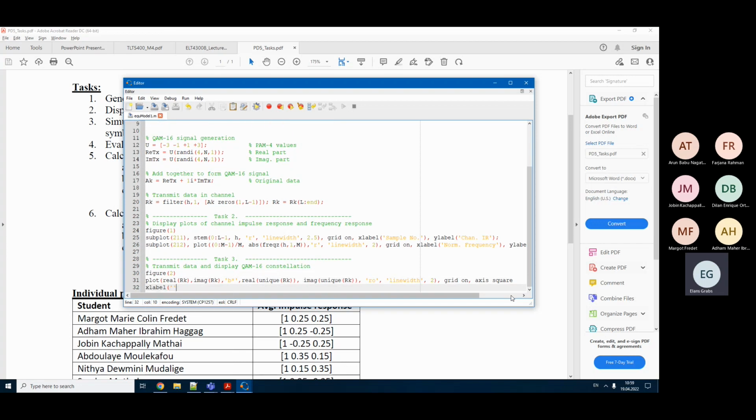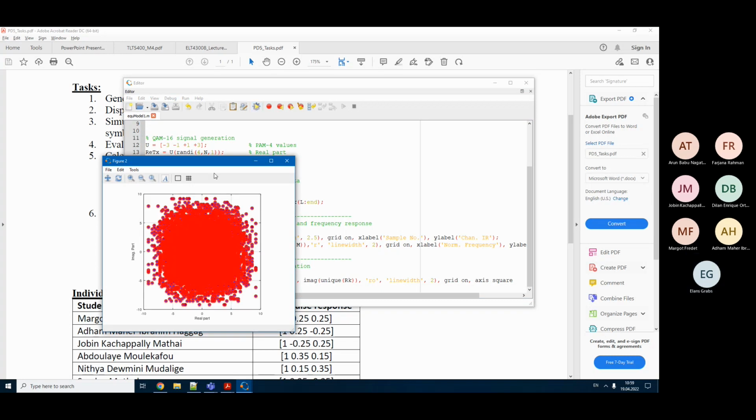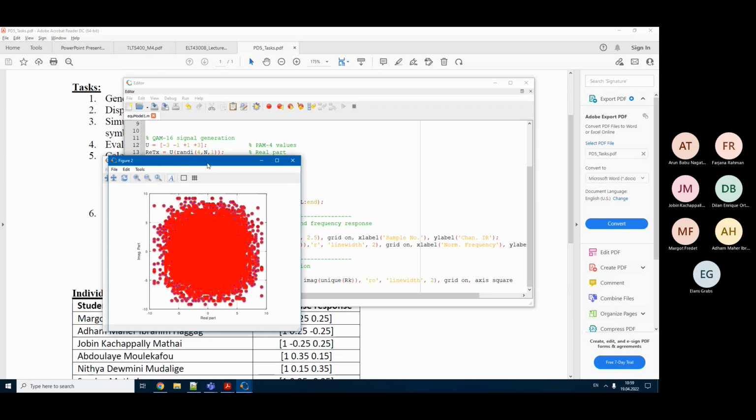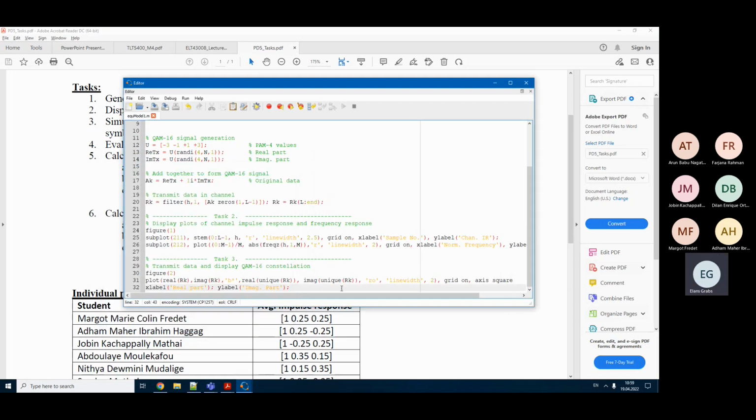X label is real part, and Y label is imaginary part. So that's going to be the constellation of received and ideal signals. Let's see how it will look. Sorry, not RK, but AK here, our original signal without channel effect.